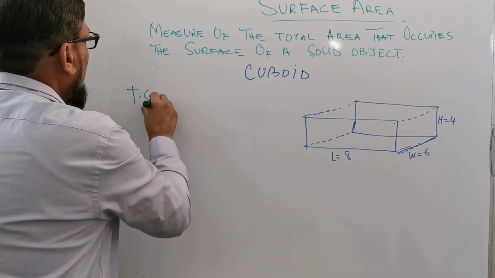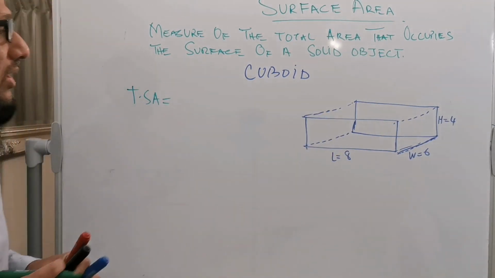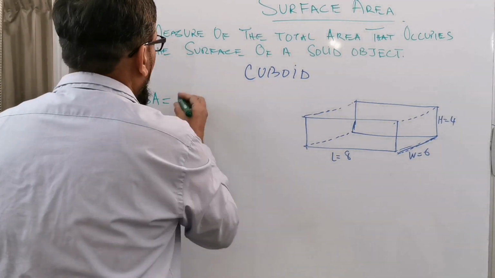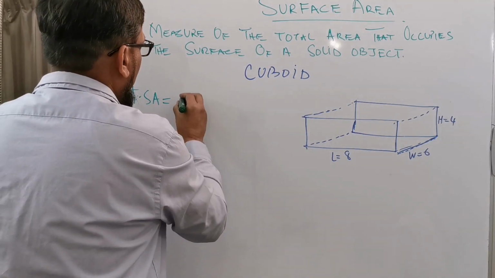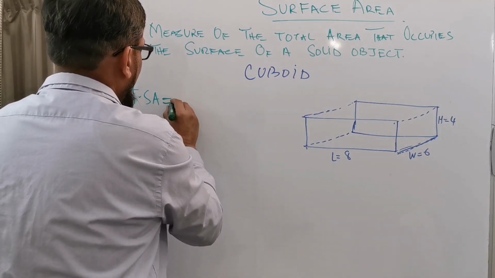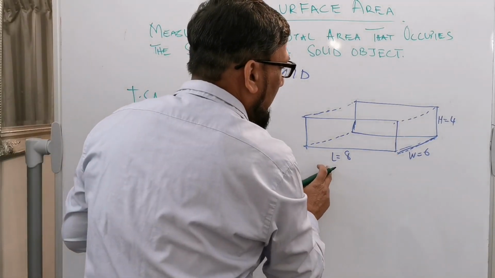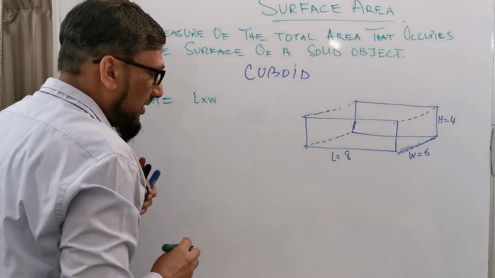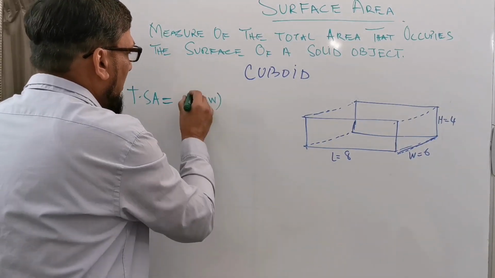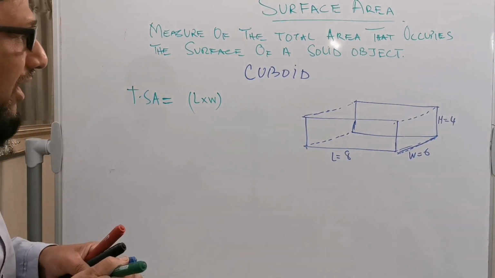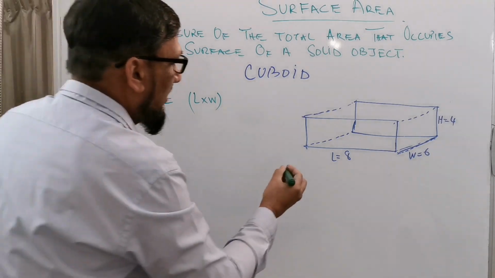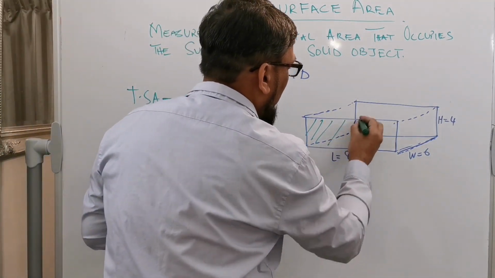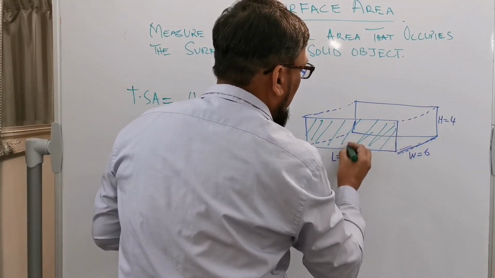The total surface area for a cuboid is what we do: length times width. How many are there? There are 2. Look at this one. I'm working on the front.